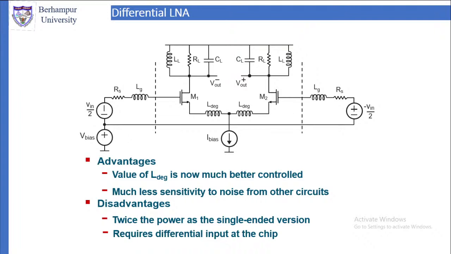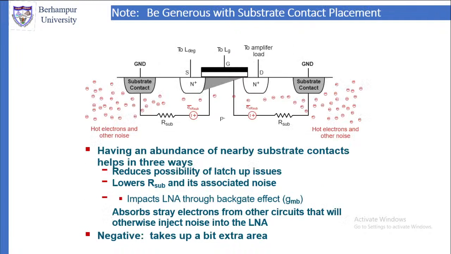You can have much better control of LDEG, and much less sensitivity to noise from other circuits because of the differential connection. The disadvantage is that, because two devices are there, you require twice the power of a single-ended version, and it requires a differential input at the chip. These are the inherent disadvantages.